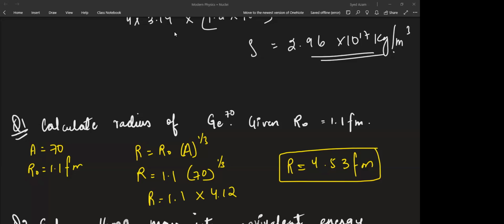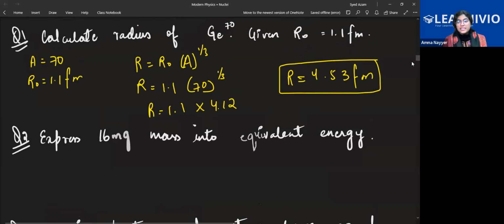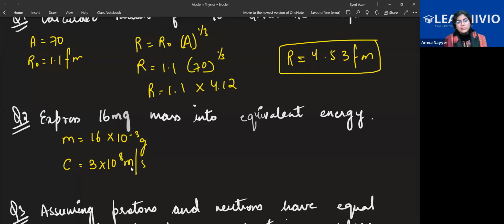Done, ma'am. Okay. Coming to the next question, this says express 16 milligrams of mass into equivalent energy. So the simple formula: mass is given as 16 milligrams, 10 to the power minus 3 grams. Speed of light is 3 into 10 to the power 8 meter per second.